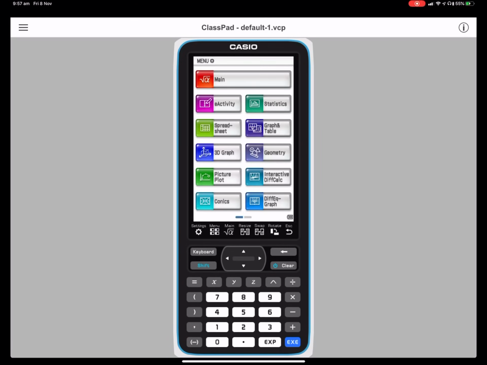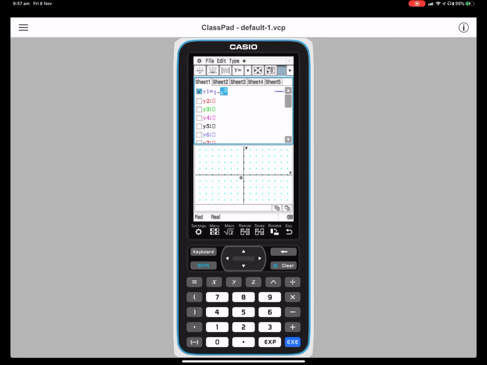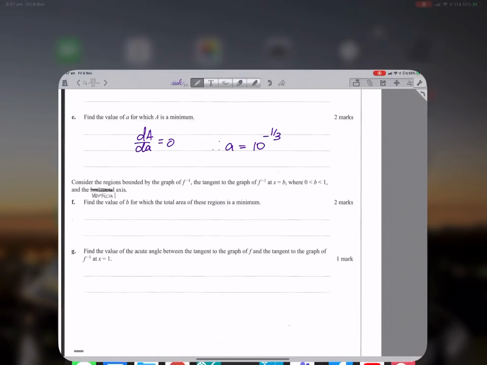So, let's sketch that graph. Sketch its inverse. So what do we know happens?